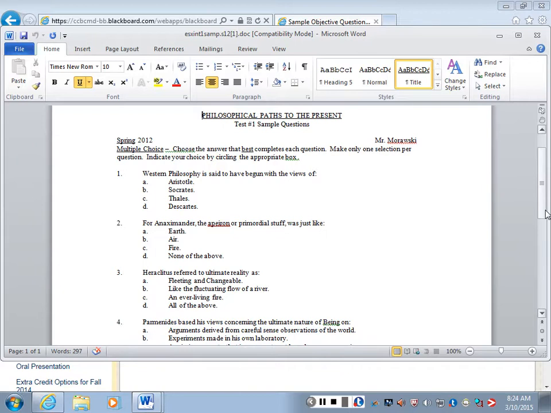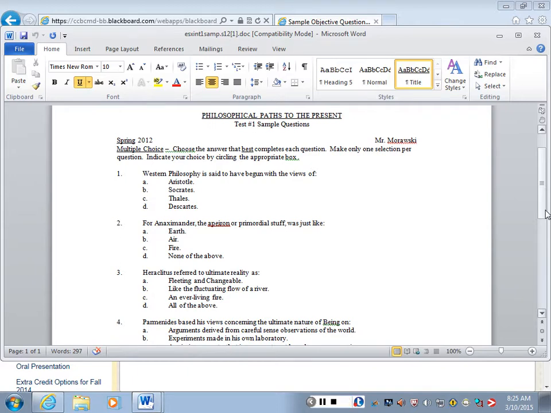Or, okay, I'm going to say A. It's C. Okay, about D. Well, remember, he said it couldn't be any one of the main elements, or else it would take over, and also they're paired as opposites, so he didn't think they could change into one another. So it had to be something more basic than any of these. So the answer to question 2 would be D, none of the above.